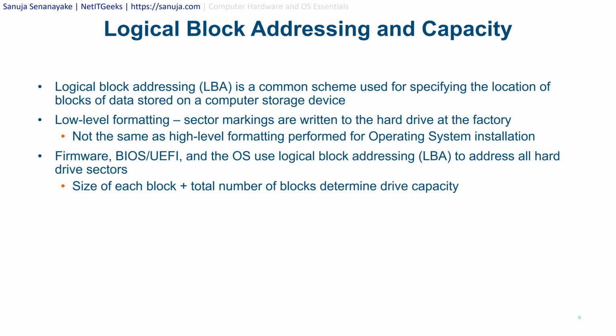It is also known as sector markings, and that is how your operating system is going to detect that drive, and then you can do the high-level formatting with your operating system when you do the installation. Firmware, BIOS or UEFI, and the operating system use logical block addressing, or LBA, to address all hard drive sectors. Size of each block plus the total number of blocks determine the drive capacity.